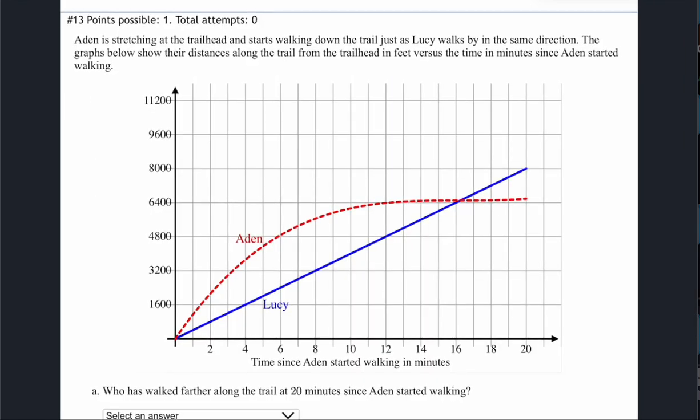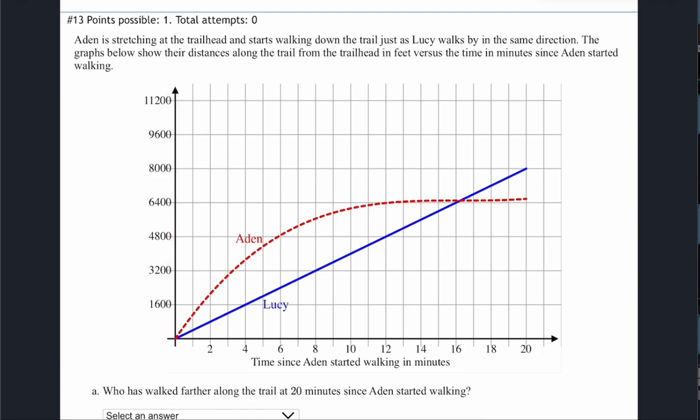It says Aiden is stretching at the trailhead and starts walking down the trail as Lucy walks in the same direction. The graph shows their distances along the trail from the trailhead in feet versus the time in minutes. So if we look, this is the time, this is the feet they have walked.